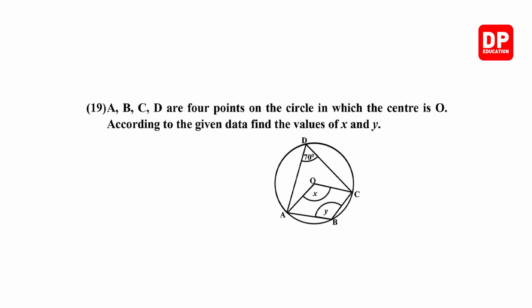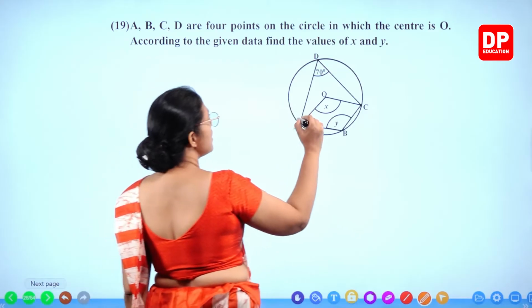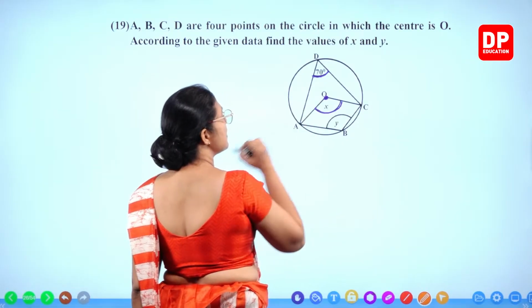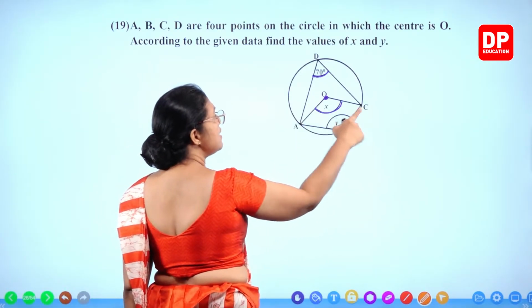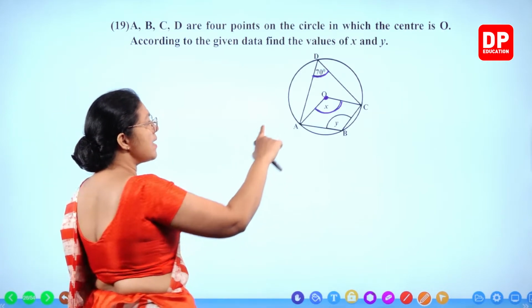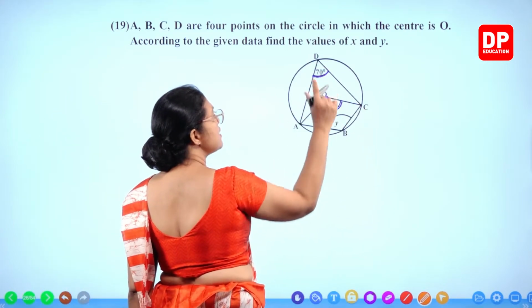Question number 19. A, B, C, D are 4 points on the circle in which the center is O. According to the given data, find the values of x and y. What can you say about this angle and this angle? This is the center. So the angle subtended at the center is double the angle subtended on the circumference.